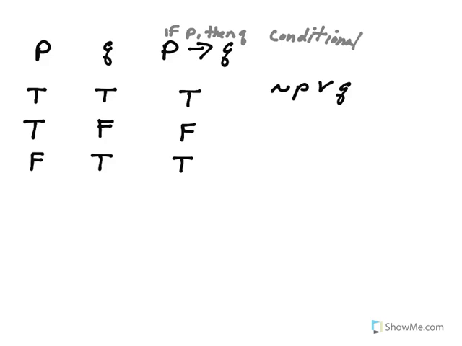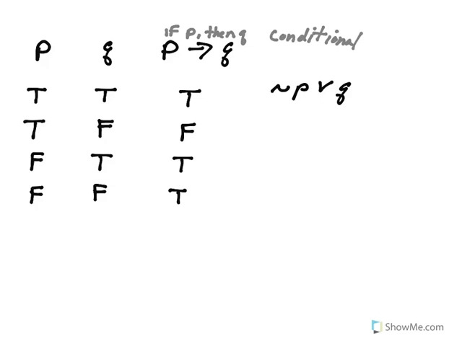If both of them are true, then your third condition is always going to be true with a conditional. And if you have a false P statement and a false Q statement, your third statement will be true, according to the conditional operator.